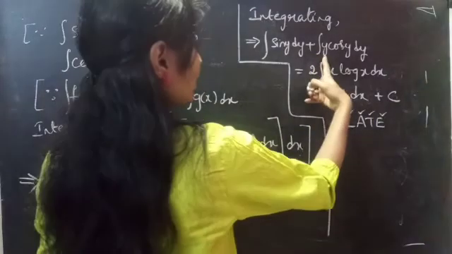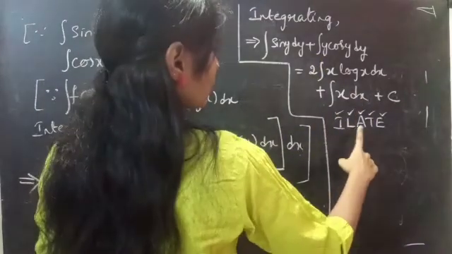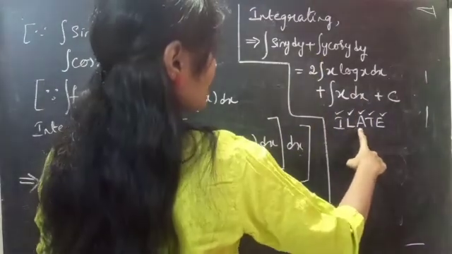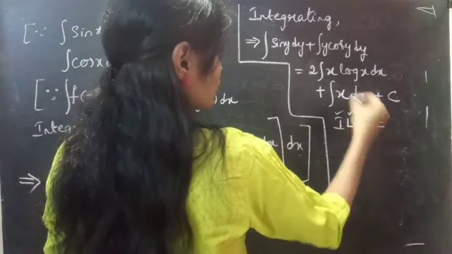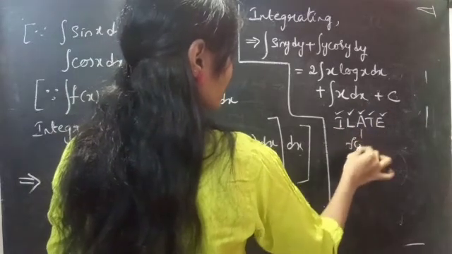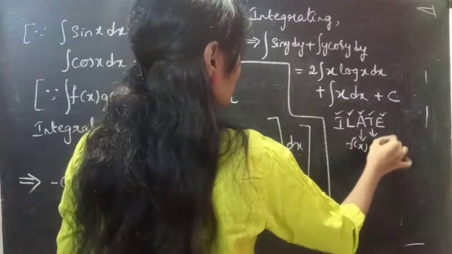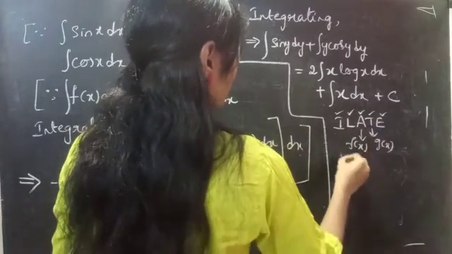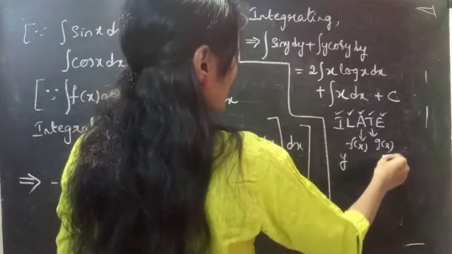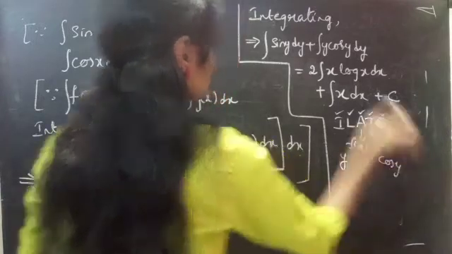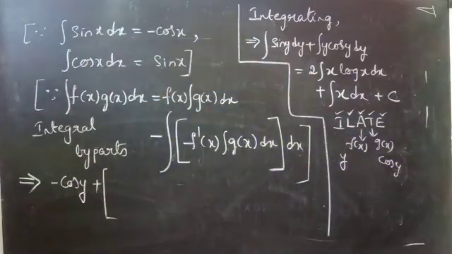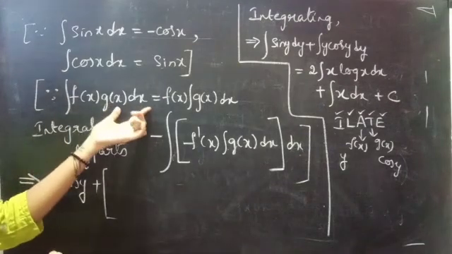So you have arithmetic first and then trigonometric. So arithmetic will be f of x and trigonometric will be your g of x. So here y is your f of x and cos y is your g of x. Okay. So let's use this formula.